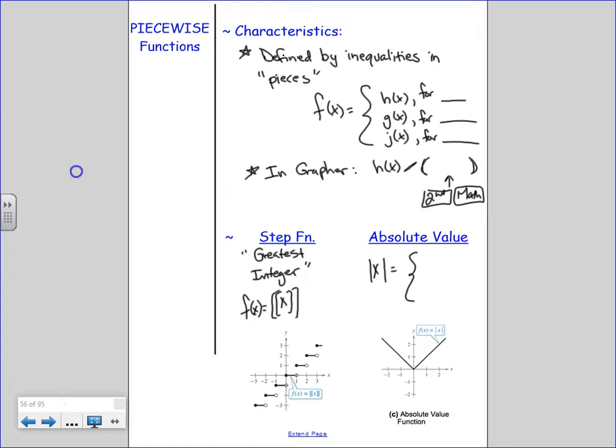We say there are two different pieces. One for x less than 0, for negative numbers, and one for x greater than or equal to 0, for positive numbers.